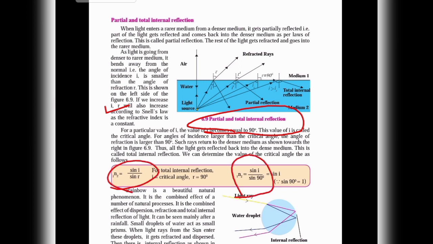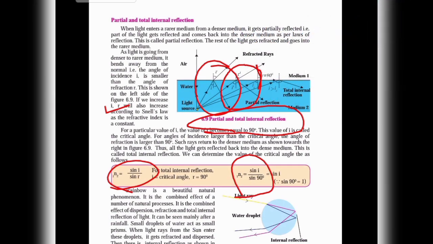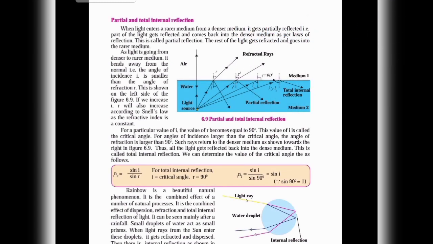Here the formula 1n2 is shown. That means when the angle of incidence i increases, r also increases. As this step increases, we get a point at which the angle of refraction r becomes 90 degrees.